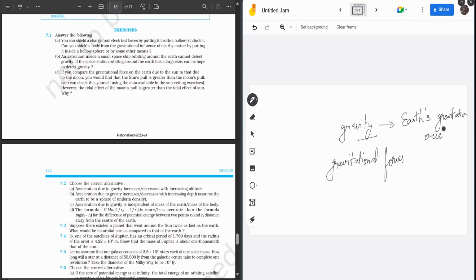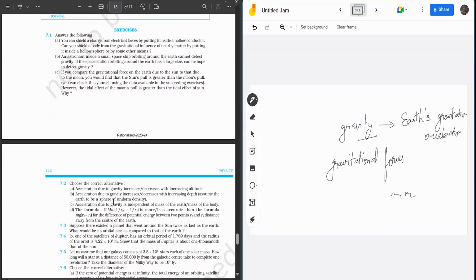Okay, gravitational forces are acting ante it is gravitational forces acting between two masses, two unknown masses or given masses. కానీ gravity ante it's the acceleration due to earth's gravitation. Okay, hence acceleration due to gravity is independent of the mass of the body.